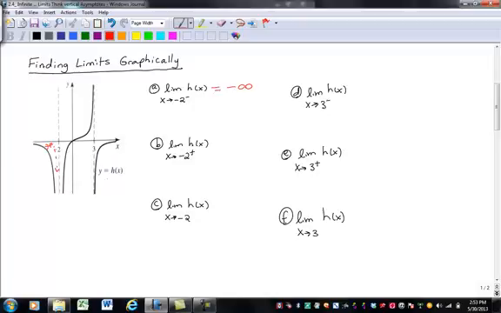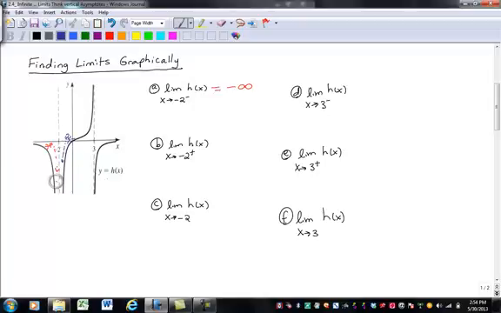Part B is the limit as x approaches negative 2 with a positive superscript. That's the limit as x approaches negative 2 from the right of h of x. To calculate this limit, I have to stand to the right of negative 2 and look and see where the graph is going. There's a vertical asymptote at negative 2, so I know the limit is plus or minus infinity.